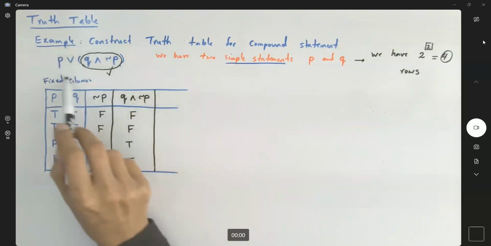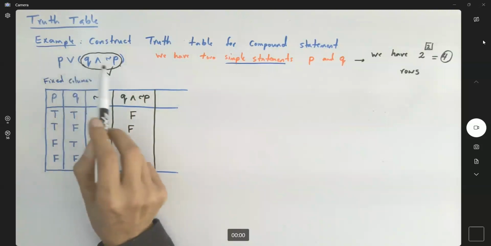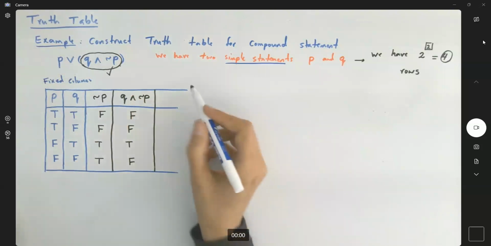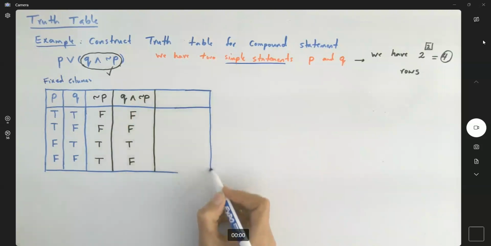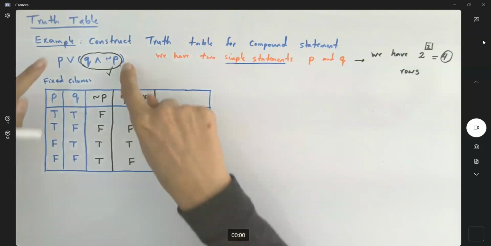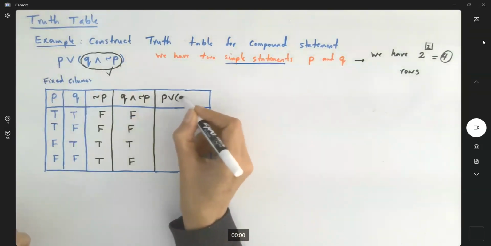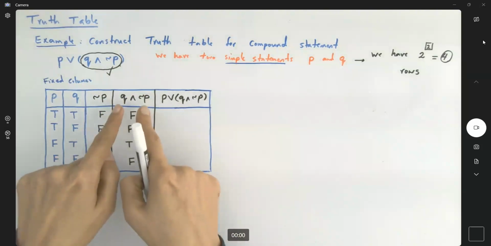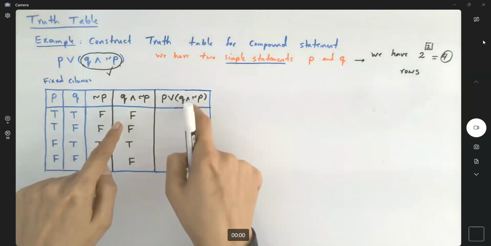Now look at the original statement. The original statement says, hey, I have P combined with this statement. So the next one that you're going to write is the final column, which is the original column, P or (Q and not P). We already have the values for Q and not P, which are here.